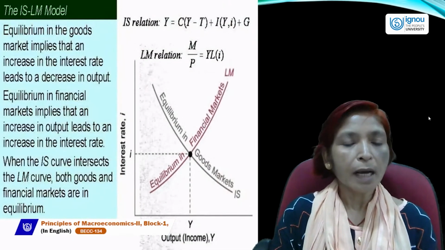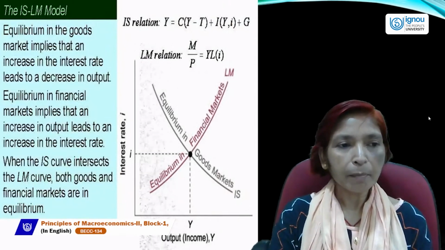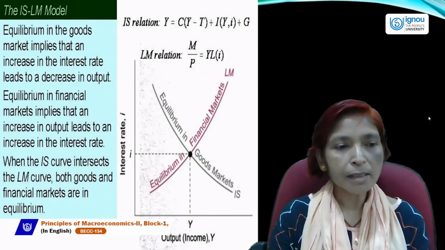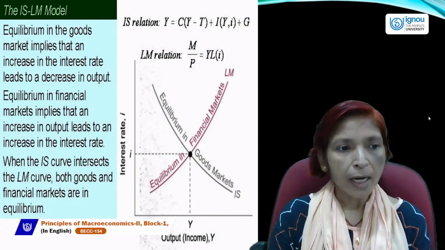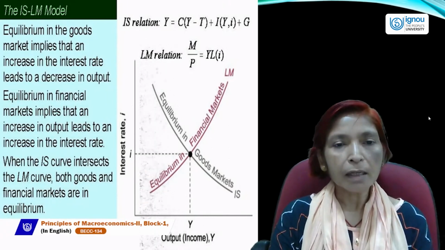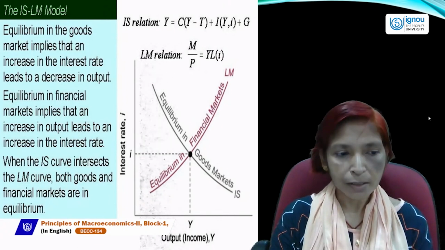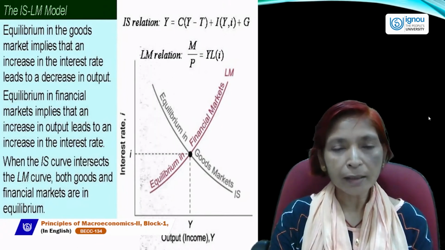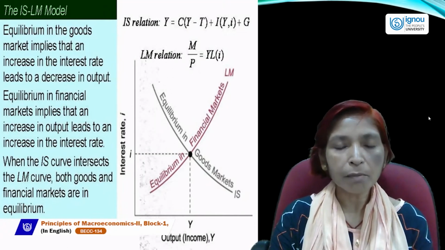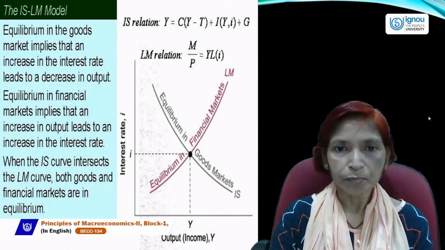Next is the ISLM model. The equilibrium in the goods market implies that an increase in the interest rate leads to a decrease in output. And equilibrium in the financial market or money market implies that an increase in output leads to an increase in the interest rate. When the IS curve intersects the LM curve, both the goods market and the money market are in equilibrium.